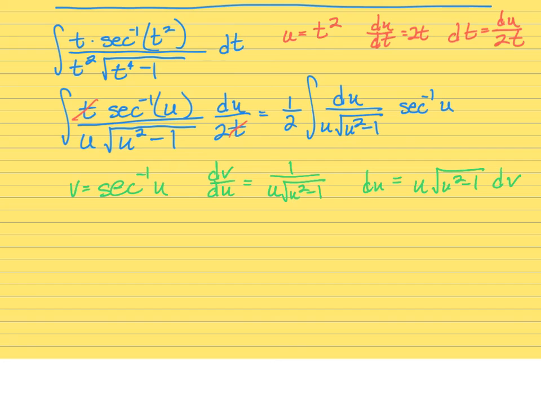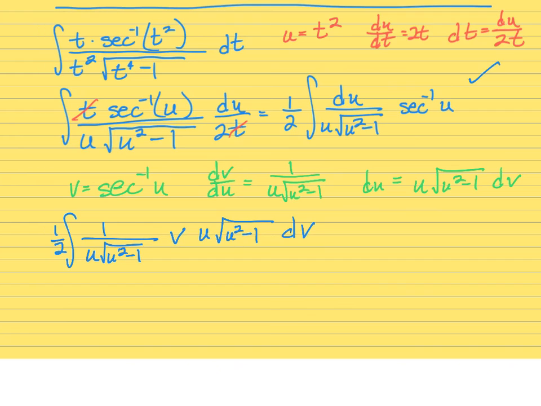Now watch what happens when I substitute everything in that I can, again, into here. I still have the 1/2 out in front. We'll move the du out. So I still have this piece still there. Inverse secant of u is v, and then du is u square root of u squared minus 1 dv.